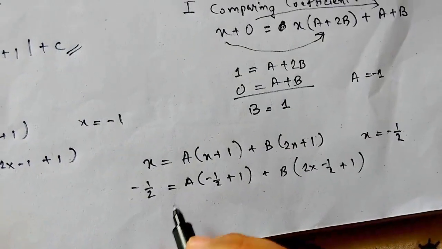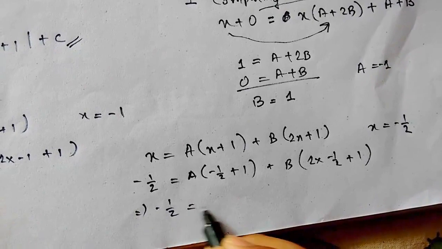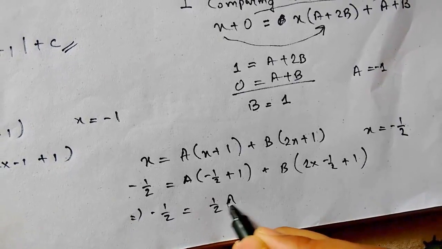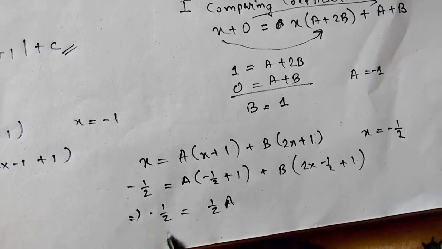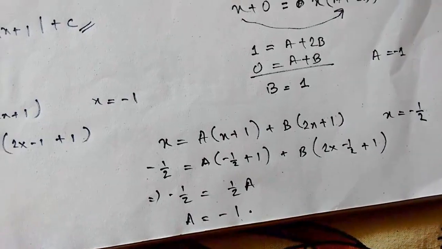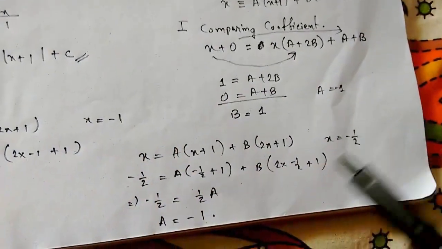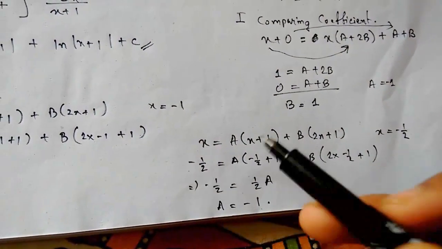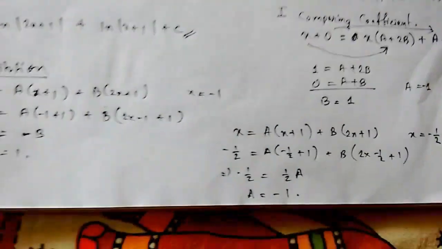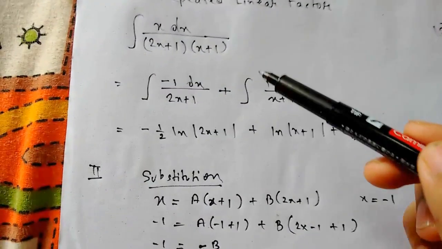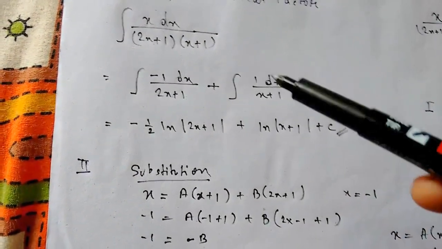On solving this, we get minus half equals half A. The B term gets cancelled and A is equal to minus 1. We see that in both cases we got the values of A and B as minus 1 and 1 respectively. Putting these values in, we get the same answer.